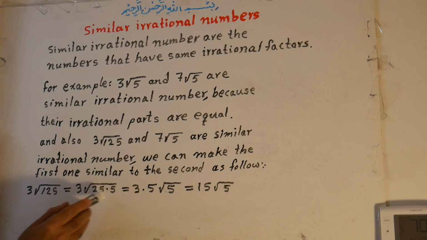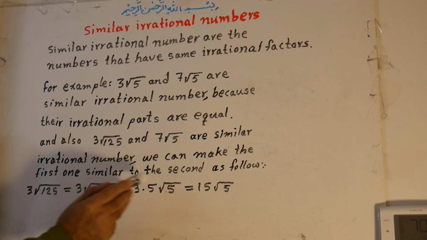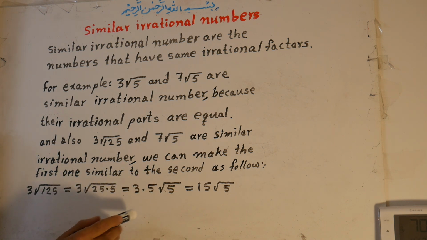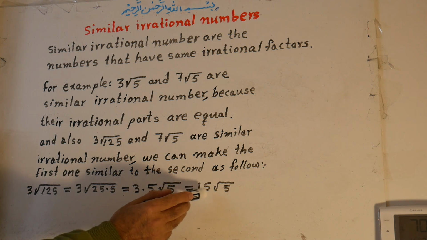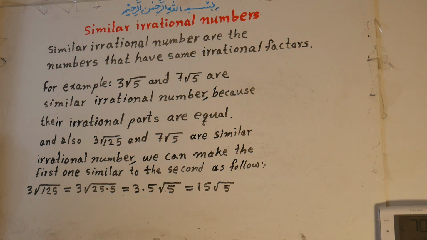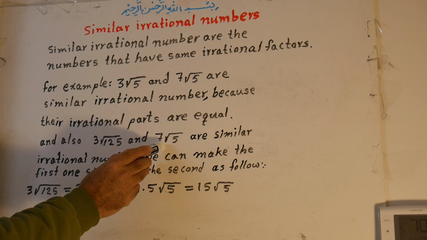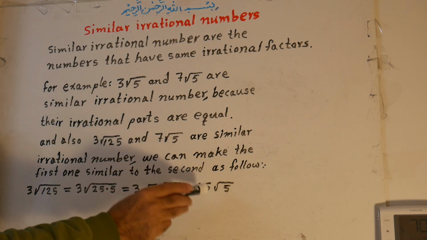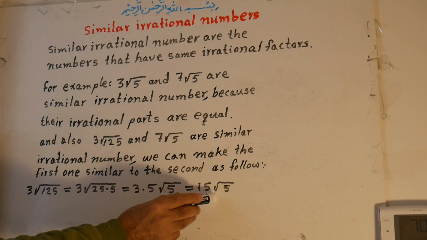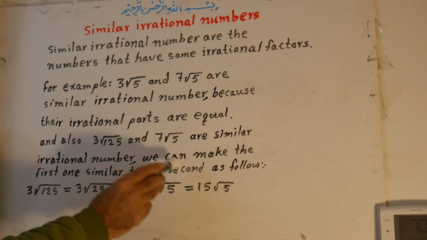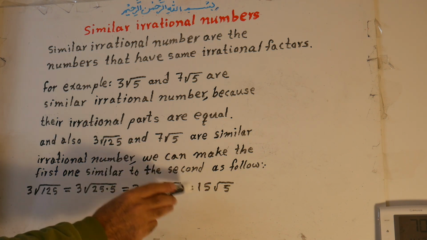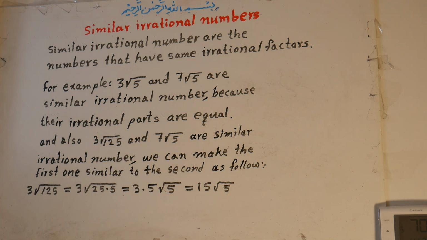The square root of 25 is 5, so 3 times 5, square root of, here remaining only 5. 3 times 5 is 15 square root of 5. Now because this is 15 square root of 5 and this one is 7 square root of 5, the irrational parts are the same or equal, so they are similar irrational numbers.